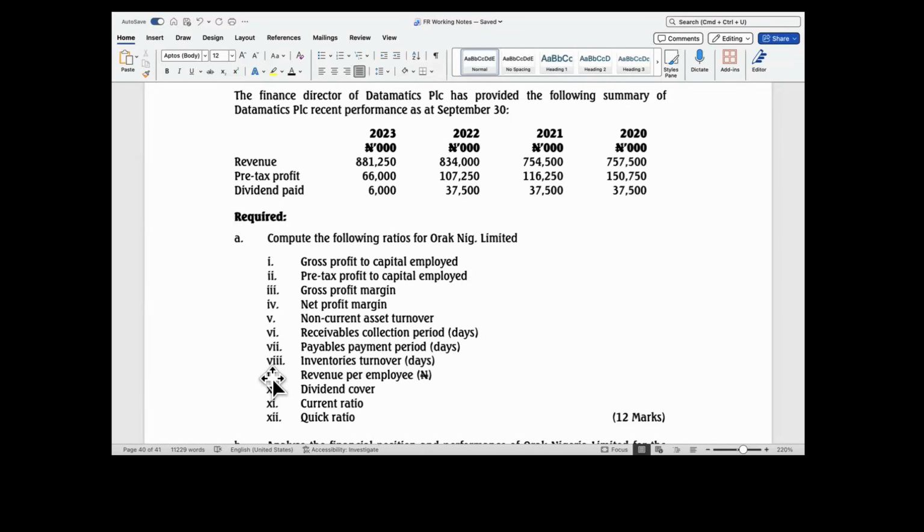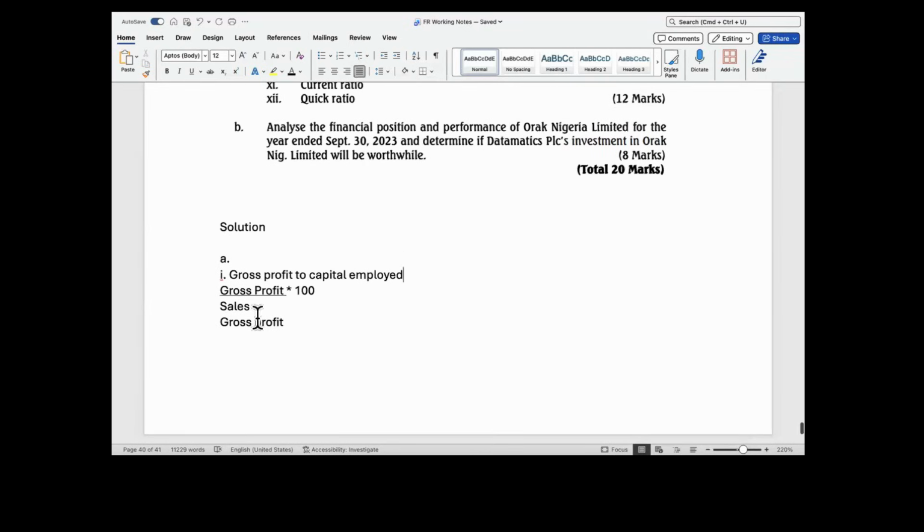Can I even try? I guess it should be gross profit over equity. Yeah, I mean you have tried. But it's just better we use equity plus borrowings or plus the long-term debts.